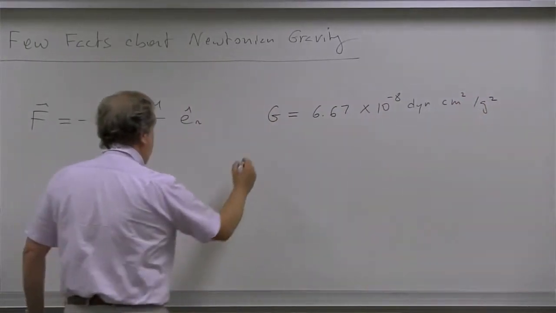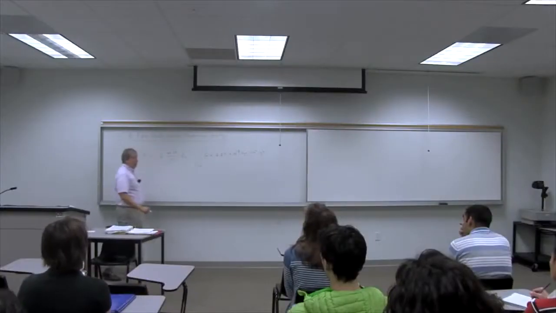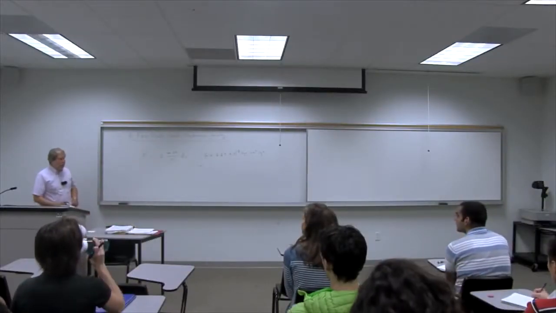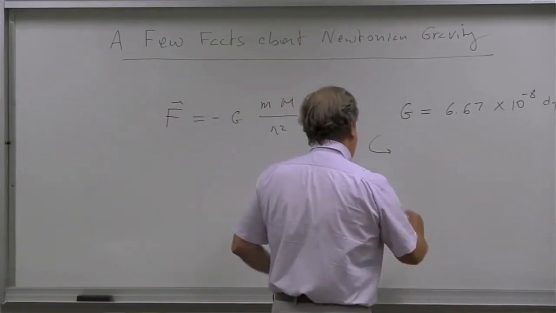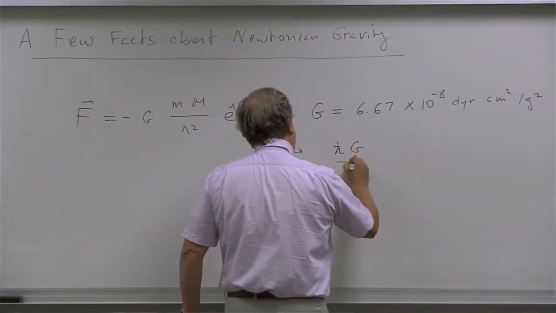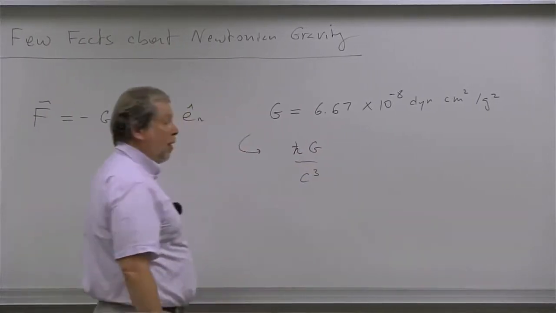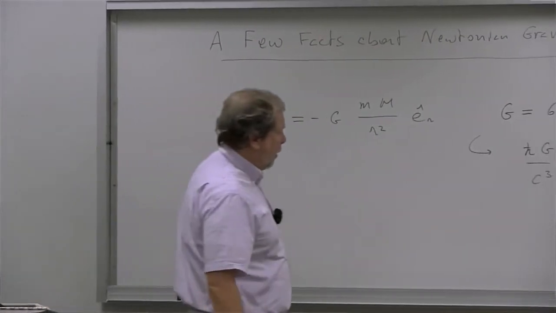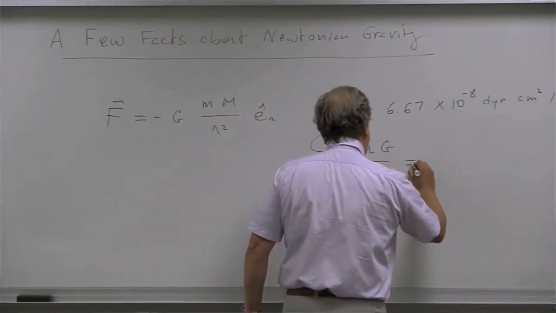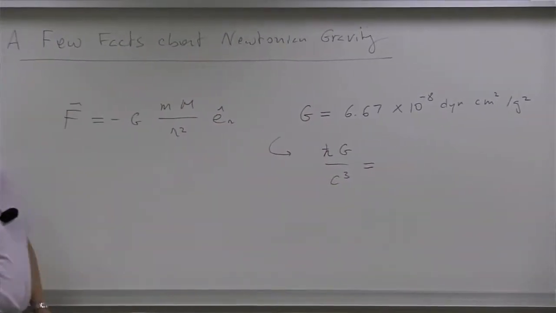But it is actually quite convenient for a number of things that we're going to discuss throughout this class to formulate it in what are so-called particle physics units. That is, to write it in terms of h bar c divided by c cubed. In other words, we can use Planck's constant and the speed of light to get out of G something that has the units of a length.